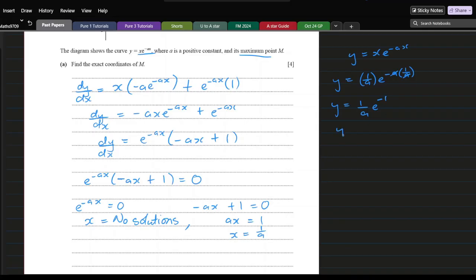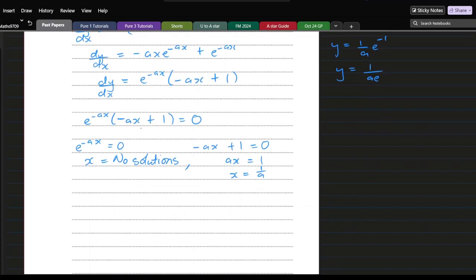So we can write this as y is equal to 1 over ae. Okay. So therefore the coordinates of M are x is 1 over a and y is 1 over ae. And this here is our final answer.